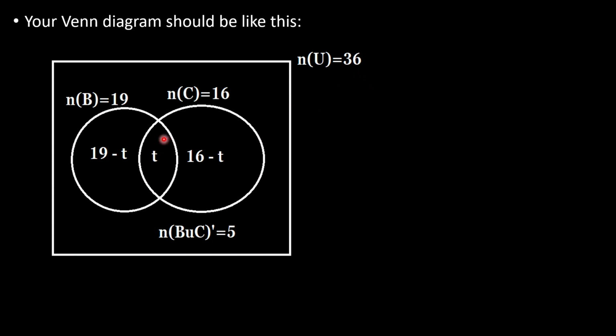So represent the intersection with any variable, say T. So here will be 19 minus T, which is the biology only. Here is the 16 minus T, which is the chemistry only. The number of B union C complement equals 5. This is where you write it. So the region 4, you write it beneath the circles. So this is how it should be.